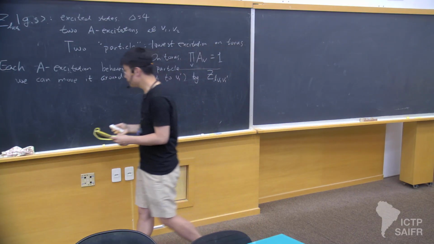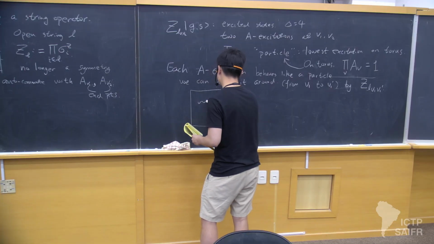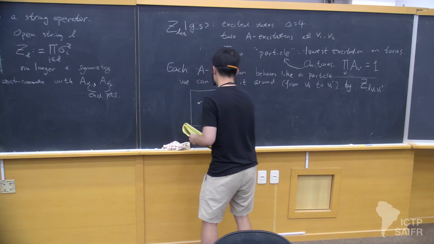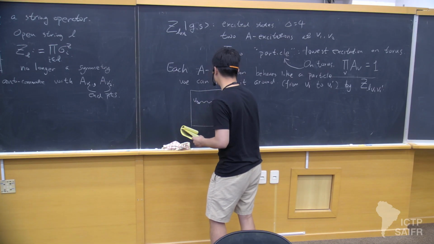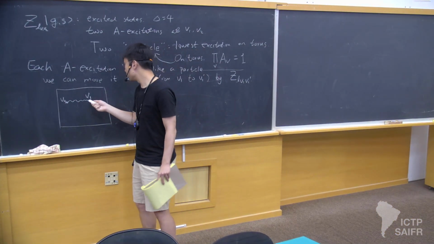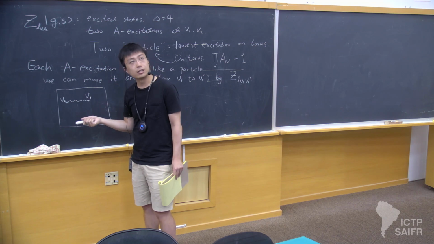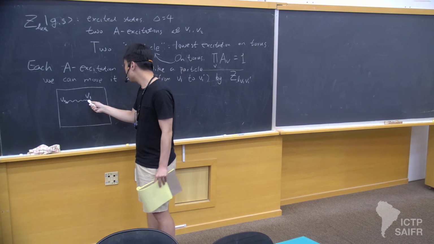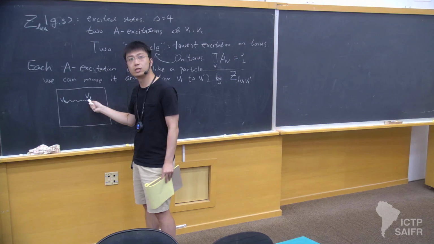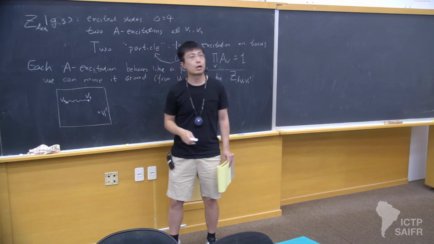What do I mean by that? Well, let's say I have a string operator acting on the ground state, so I create two excitations, V2 and V1. And now I want to apply some unitary operator that moves a particle from this location to a different location, let me call it V1 prime. How do I do that?